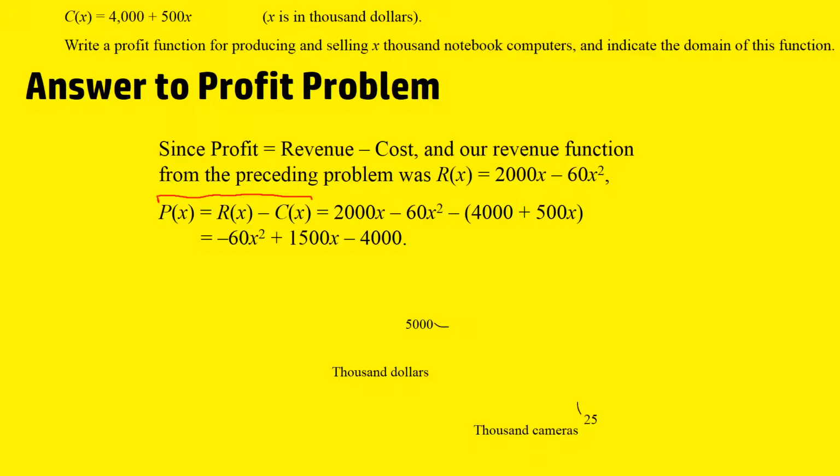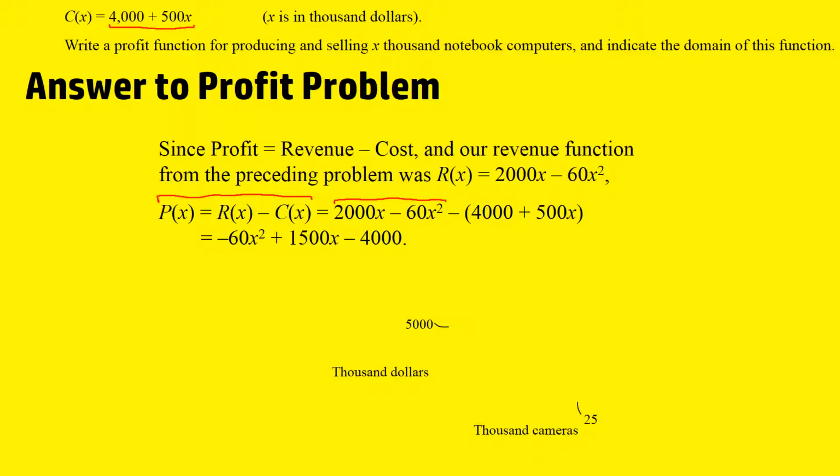The R of x from the previous problem, the 2000x minus 60x squared, we're going to subtract from that the cost function that we were given in this cost problem. We're going to subtract that, and we're going to simplify. So we can see that the coefficient of x squared is going to be negative 60.